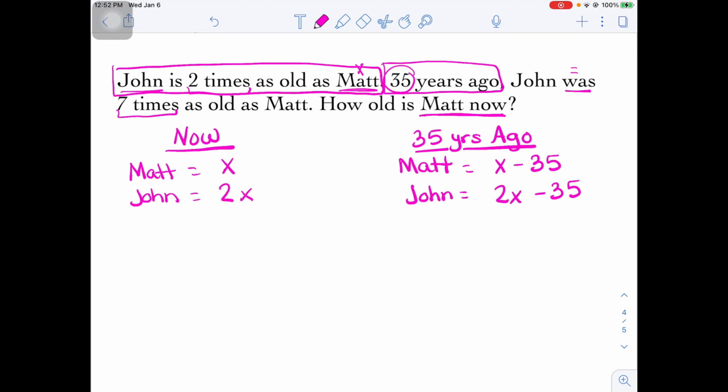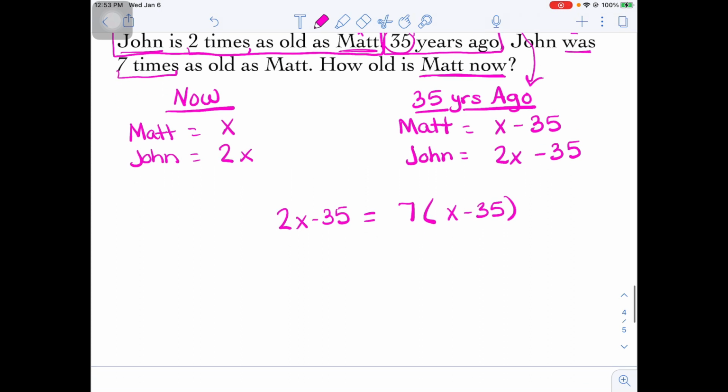We've used all that to set up our expressions. Now, 35 years ago, John was 2x minus 35, was the same thing as an equals, 7 times as old as Matt. Well, 7 times whatever Matt was 35 years ago, x minus 35. So there's your equation.